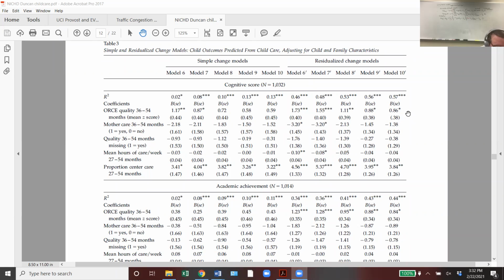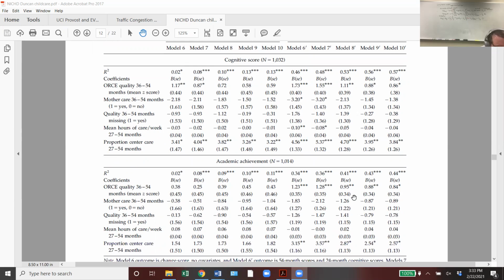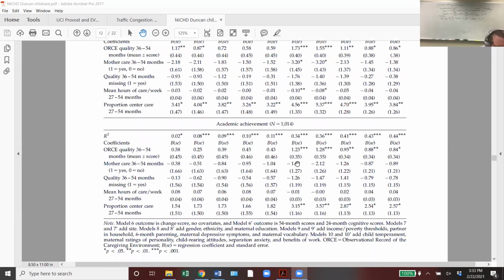Residualized change model, it's a little bit bigger, 0.86. It's really not that much bigger. Standard error is less, so it happens to be significant, but it's pretty small. That's cognitive score, achievement score, same kind of thing. 0.4, a little bit higher.